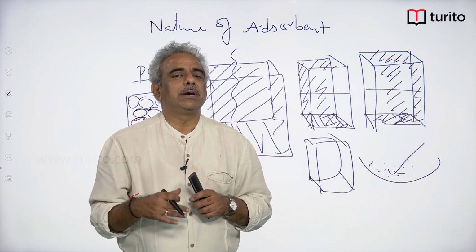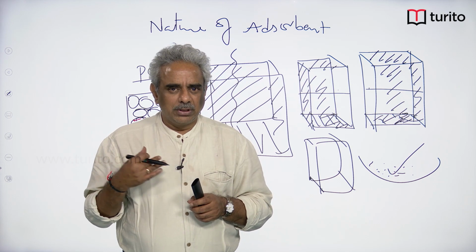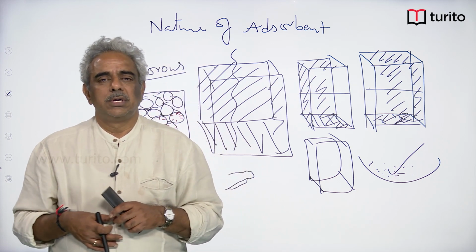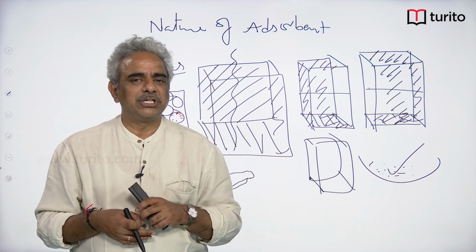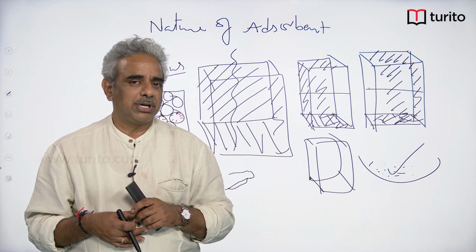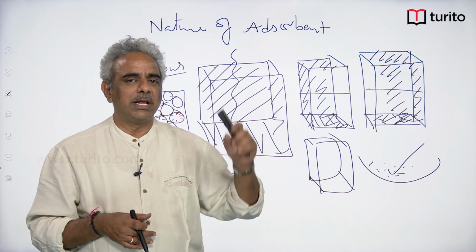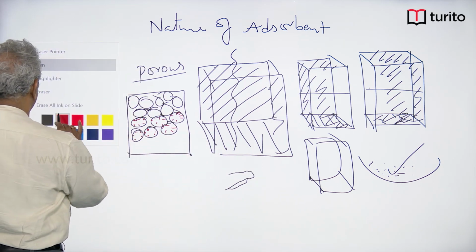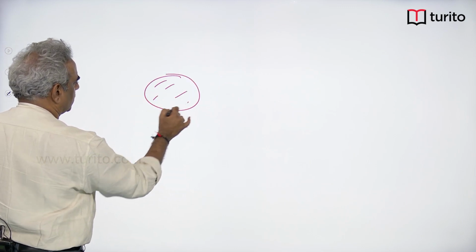What do you mean by an activated substance? The surface that has no adsorbed material is called an activated surface. Suppose you have charcoal, and you heat it with superheated steam, 1000 degrees steam, passing it over the surface. All the pre-adsorbed material will escape. Suppose you have a charcoal piece, this is a charcoal with some pre-adsorbed material.